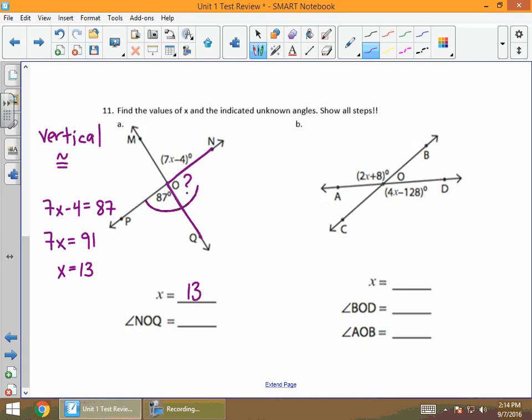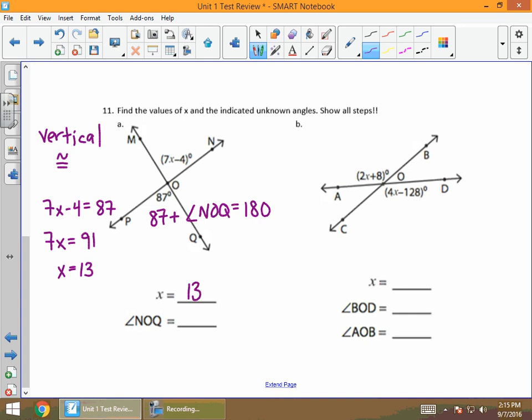I have to find this by looking at the linear pair that's made. If you look right here, here's my linear pair. 87 plus this angle that I don't know has to equal 180. Let's go 87 plus angle NOQ has to equal 180.